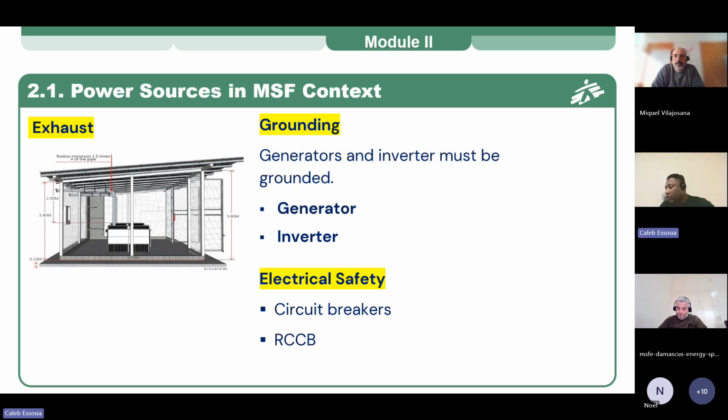And for the TT system, as I explained, the neutral must be grounded separately, and the mass of the equipment must be grounded also separately, and the distance of 20 meters is to avoid interference between the two. Understand? If we don't do this, you will start having a lot of problems with your systems.